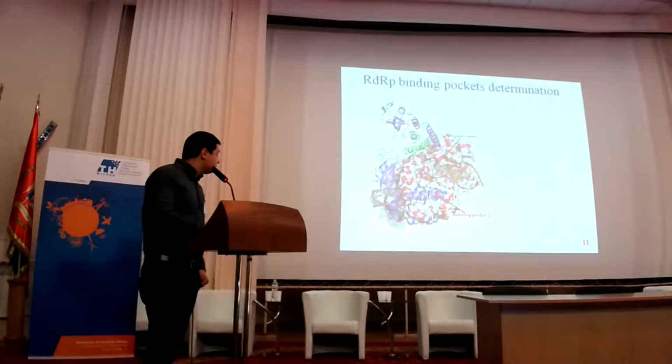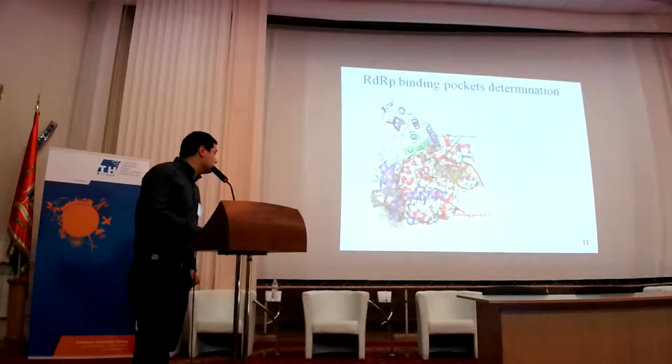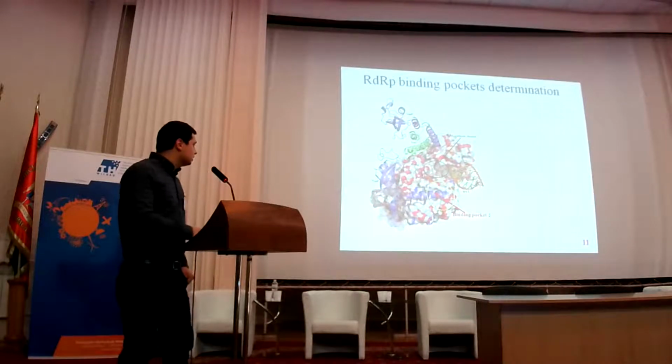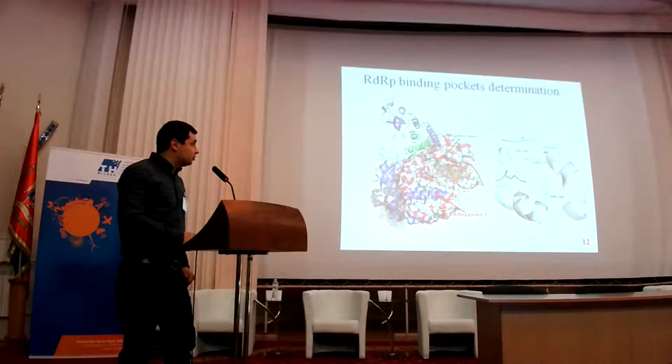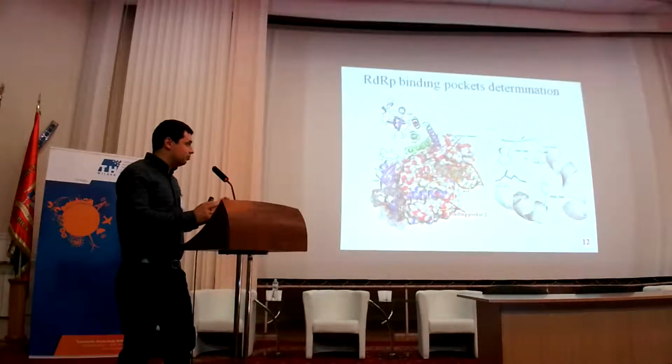The other binding pocket we checked was in the binding interface between a non-structured protein and RNA-dependent RNA polymerase. Why did we select this pocket? Because it contains amino acids like tryptophan, tyrosine, threonine, and two lysines from different sides of the protein.